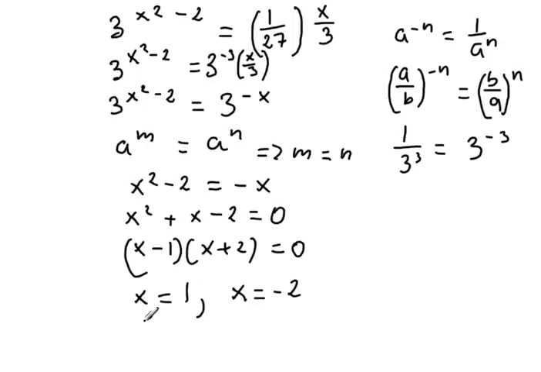So you would say, if x is equal to 1, then the left side would have value 3 to the power of 1 squared minus 2, and that will be 3 to negative 1. And for the right side, you will have 1 over 27 to the power of 1/3.